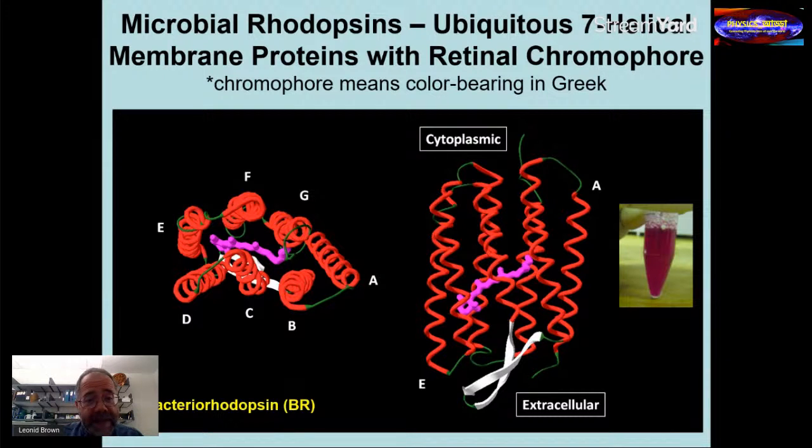You can see it has 7 helices, it has a retinal chromophore, and when you work with it in the lab, it looks very beautiful, like this. This is a picture from my lab, and physicists love working with it because it is colored, so you can see it. Second, it's very easy to get in large quantities. It is very stable, so there are a lot of physicists working on this protein.